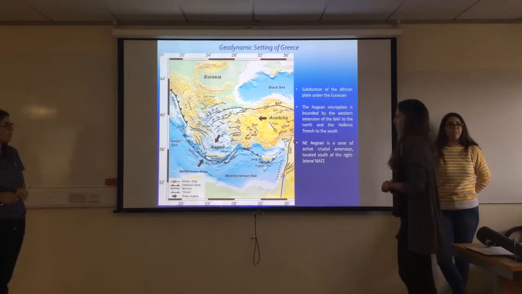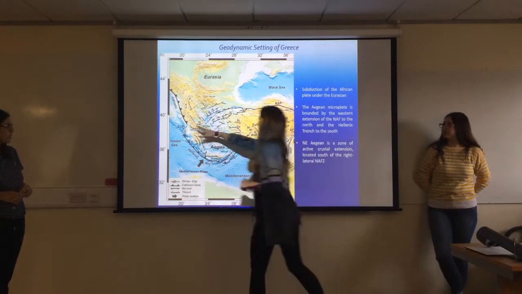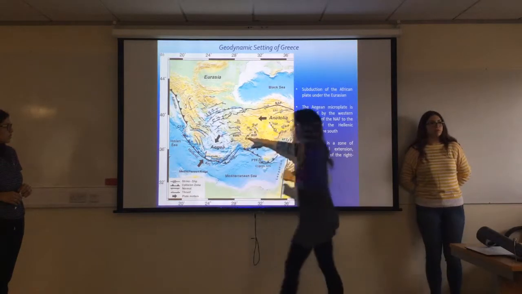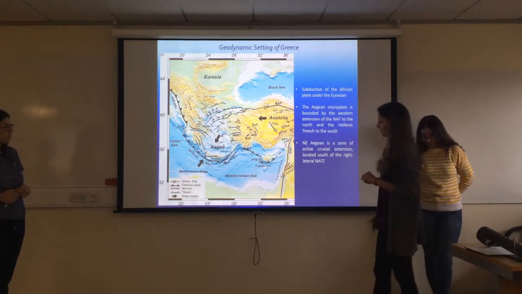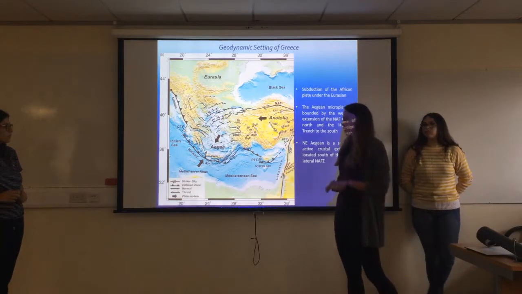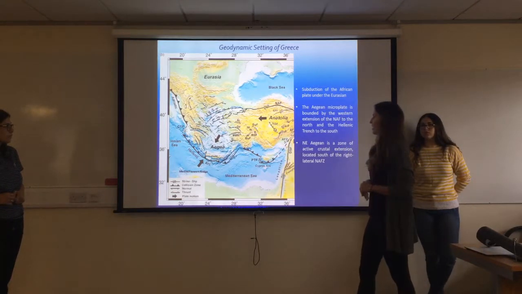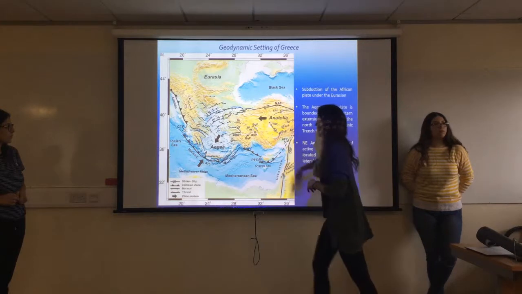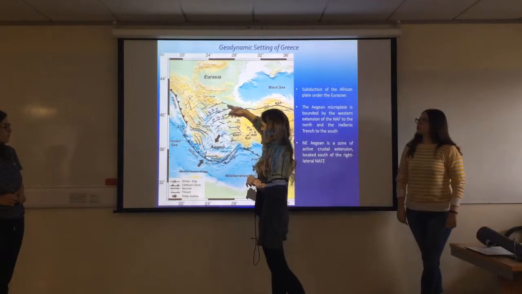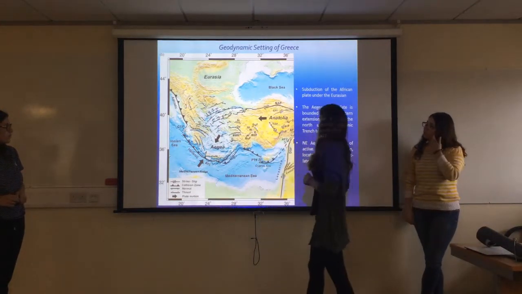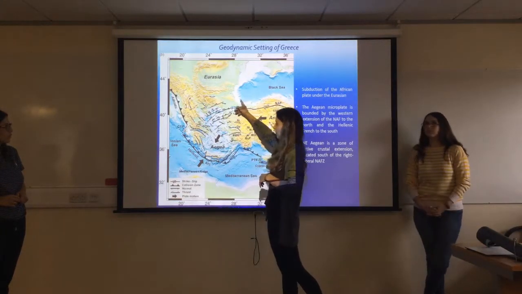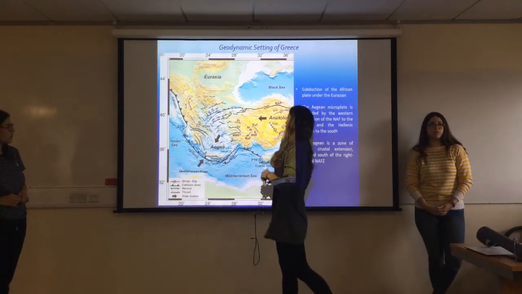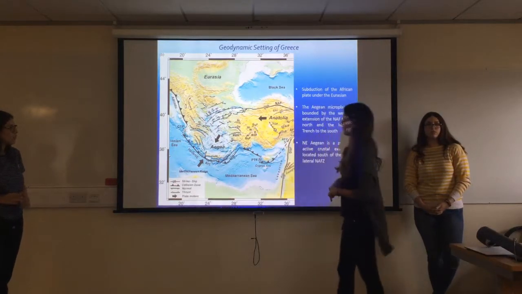We are here, it's the subduction zone of the African plate under the European plate, so it is a very active area, and the area of the Aegean is bounded by the Hellenic Arc and the North Anatolian Fault Zone to the north.